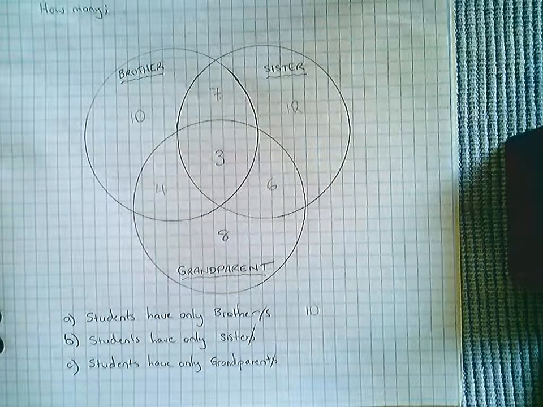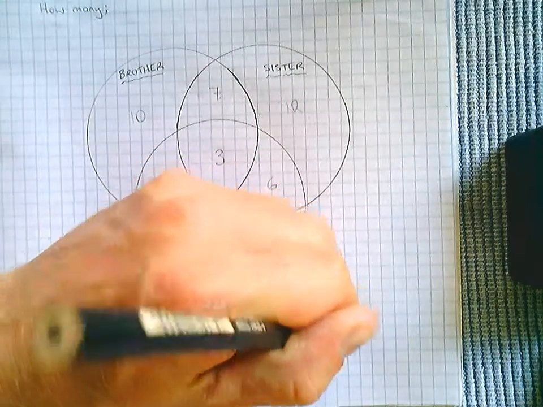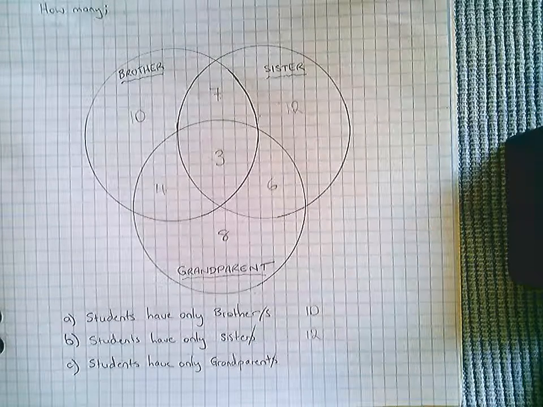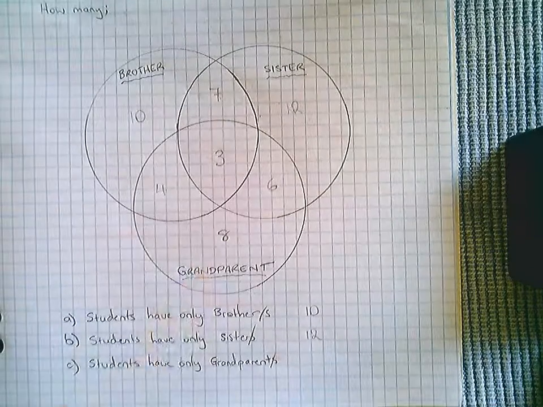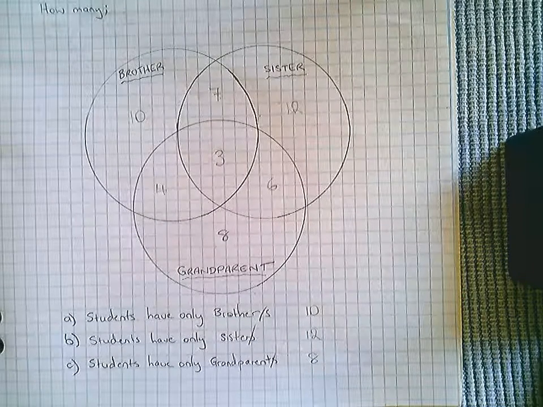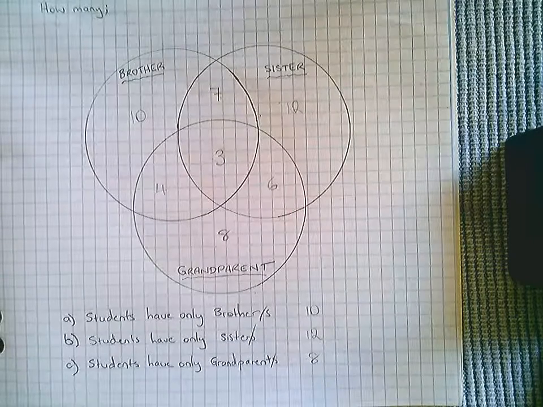Students having only sisters or one sister, 12. And students having grandparents or a grandparent only, 8. And there we have our ABC questions answered, as well as our 3-way Venn diagram completed.